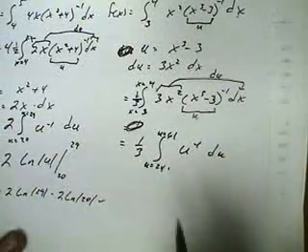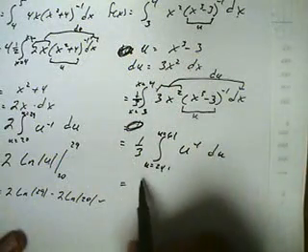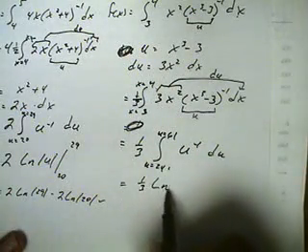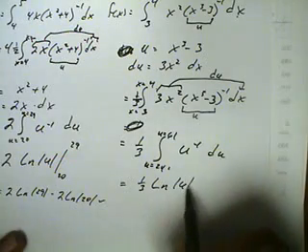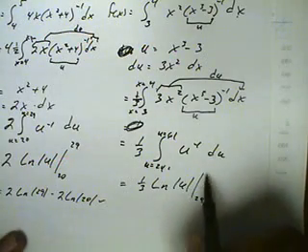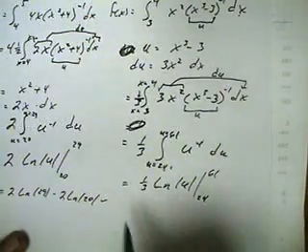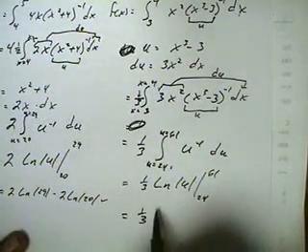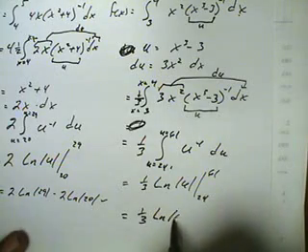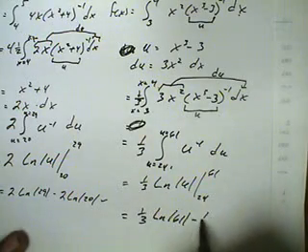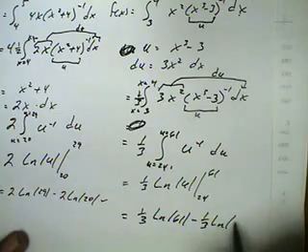Okay. Now we'll take the antiderivative. We will get 1/3 times the natural log of u, all evaluated from 24 to 61. Okay, so we'll put these together. We'll have 1/3 natural log of 61 minus 1/3 natural log of 24.